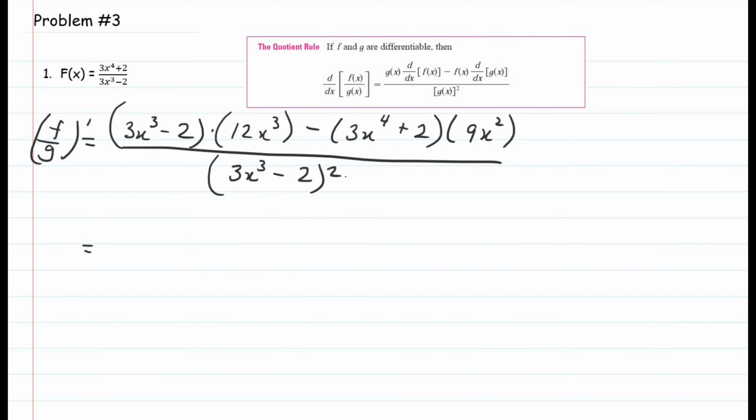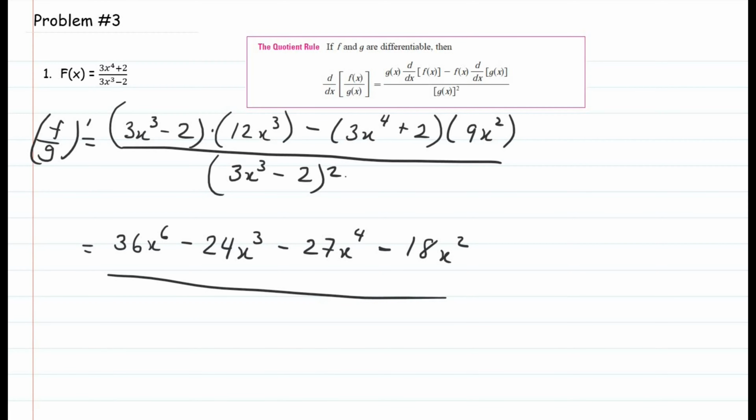So we can simplify this to 36x to the 6 minus 24x to the third minus 27x to the 4 minus 18x squared, all over 3x to the third minus 2 squared.